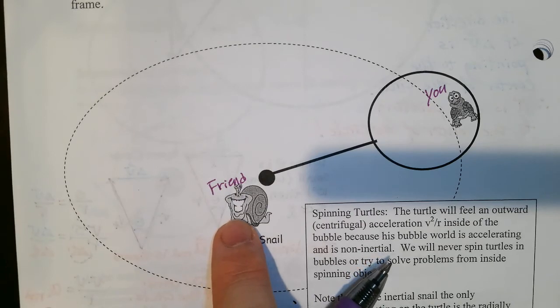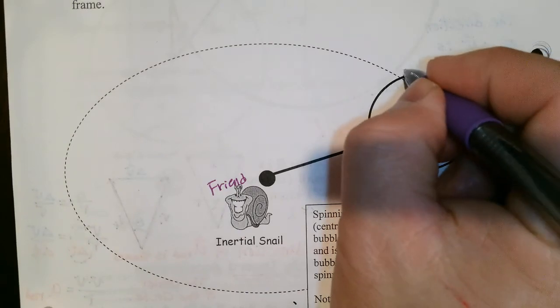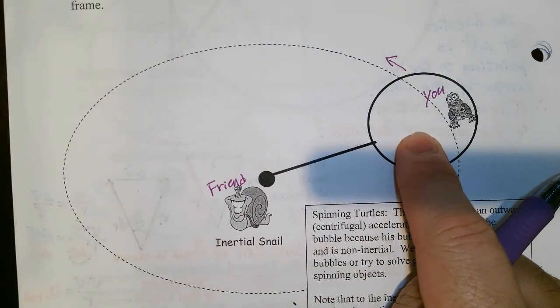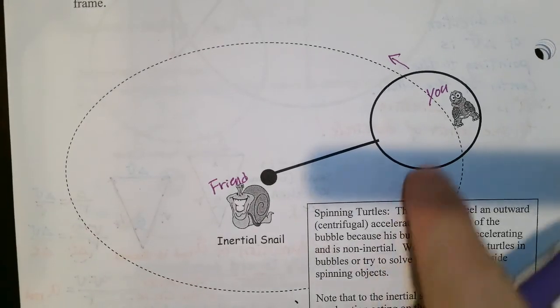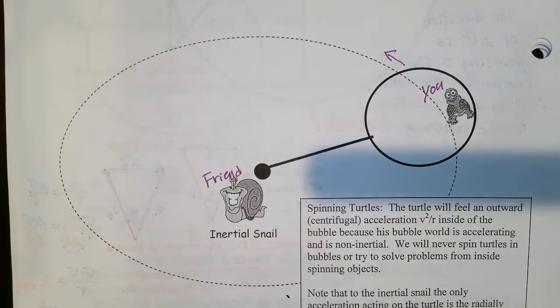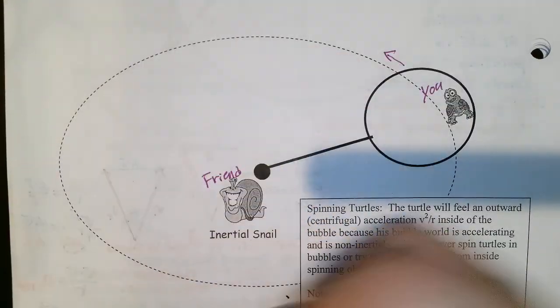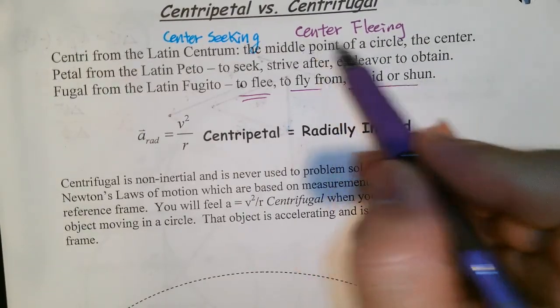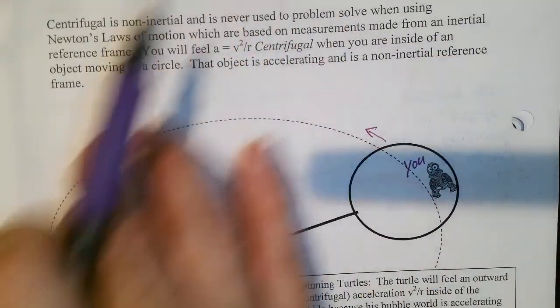Now, your friend is spinning you around in a circular motion, and you're holding on to that rope for dear life. And as you are being spun around, you, the observer, if you are the observer being spun around, you would definitely feel you are fleeing from the center.